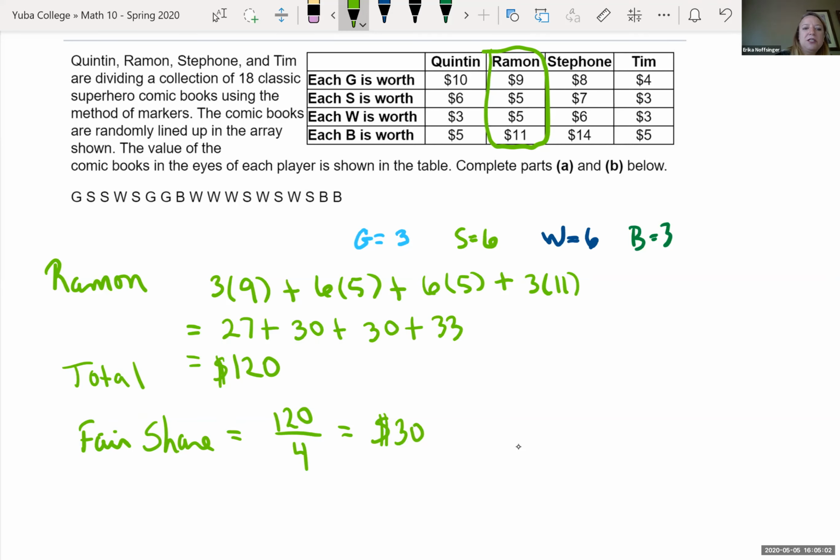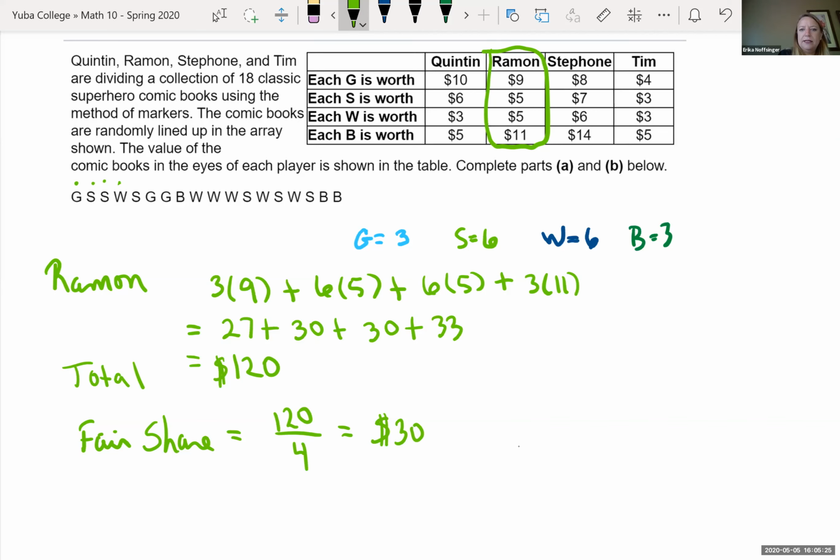And so the first comic book was worth $9. The second comic book to him, which is S, is worth $5. Plus another S, so another $5. We're up to $19. Then W, which is only worth $5 to him.